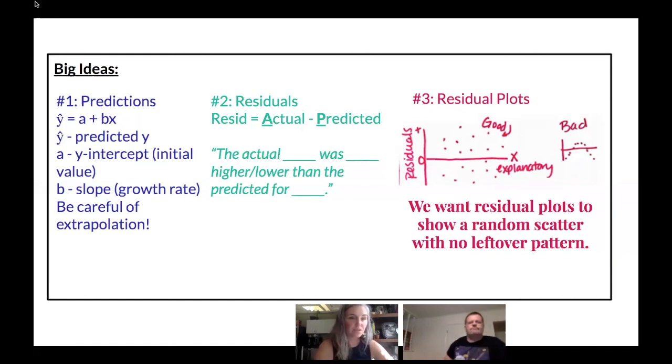Yeah. So you can see here, I've given you a little bit of a rundown on the things that we've talked about: how do you create predictions and be careful of extrapolation, how do you find a residual. I even give you a sentence frame for how to write your explanation if you need one. This matches what you were seeing previously.